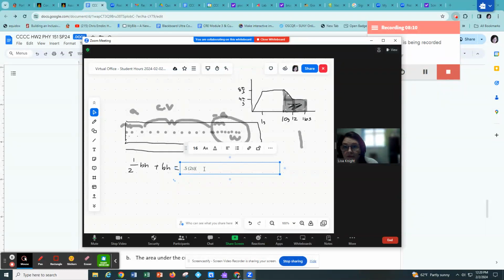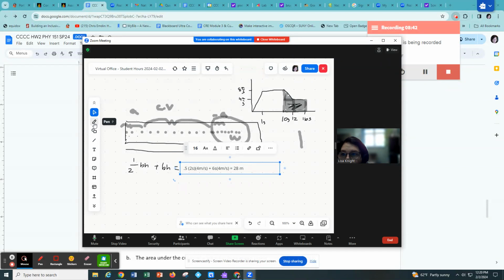So it goes from 4 meters per second to 8 meters per second, which is a difference of 4 meters per second, plus that big triangle, which is from 10 to 16. And 10 to 16 is 6 seconds, times the height, which is 0 to 4 meters per second, or 4 meters per second. So you'll get 4 plus 24, or 28 meters.